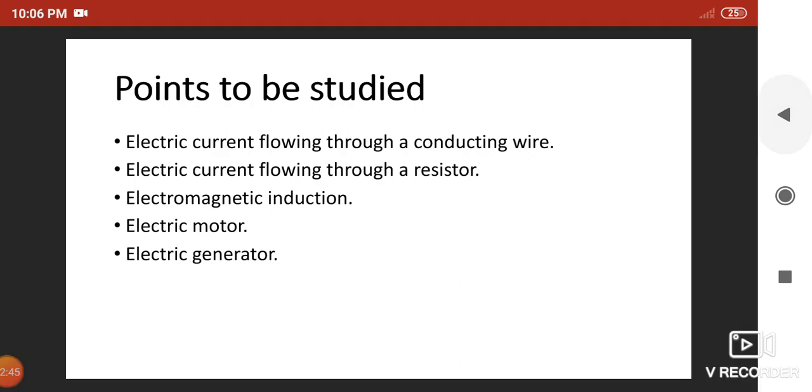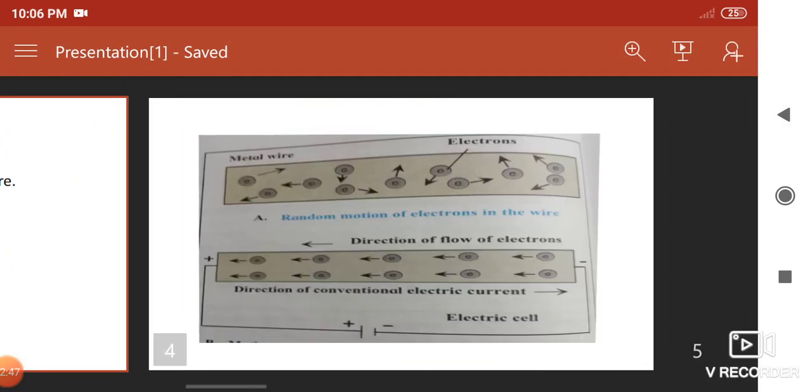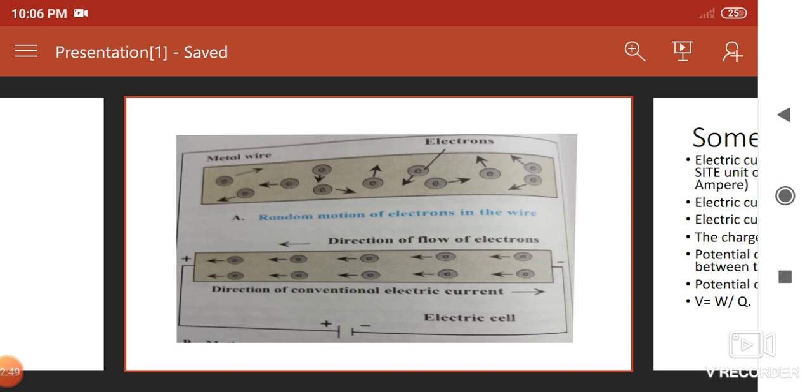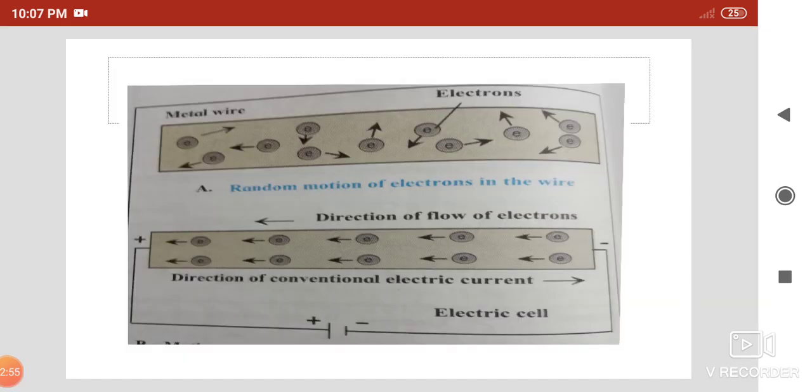So let us start with the basic things, that is electric current, potential difference and Ohm's law. You can see on the screen a cylindrical wire shown in the figure.